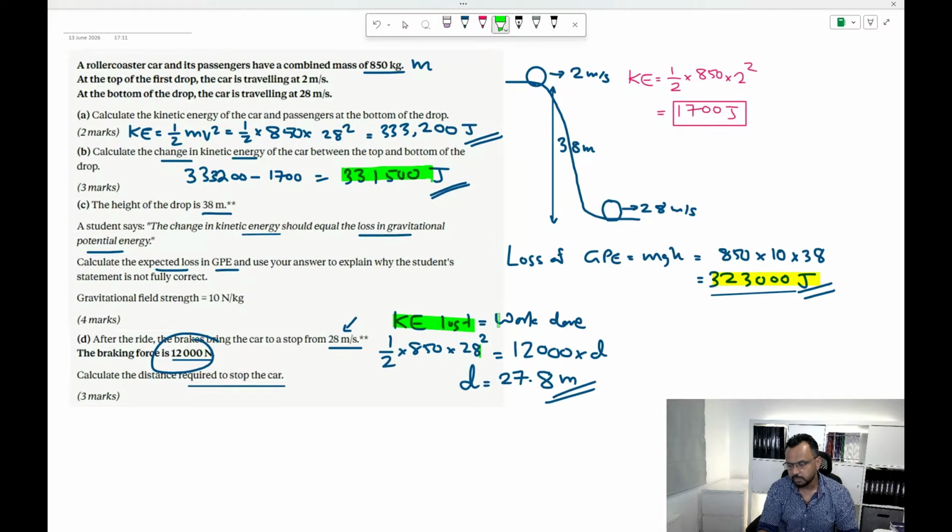So work done by the braking force is equal to kinetic energy. Kinetic energy is half mv squared, work done is fd, and you just divide it. The braking force is just the force applied by the outside, or the braking calipers or something, to stop the car. I will explain what one of you asked about braking and stopping distance. I will do that.